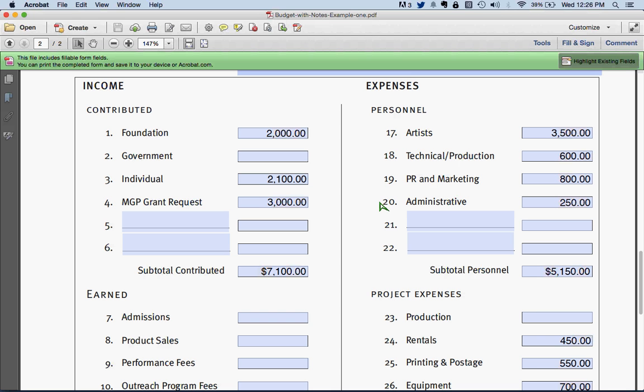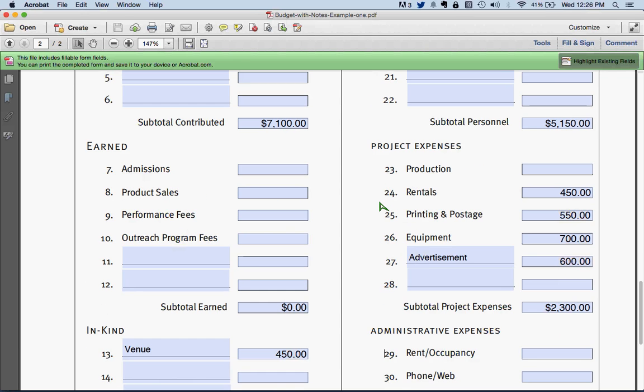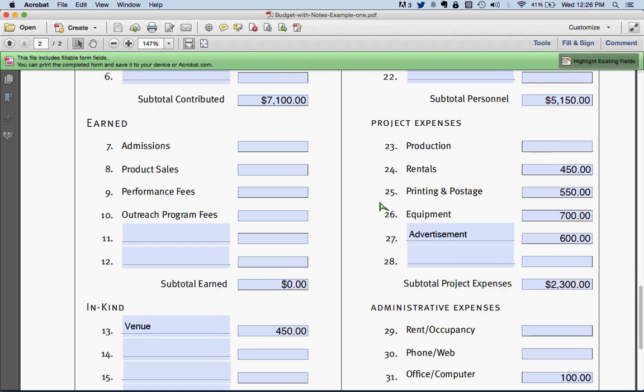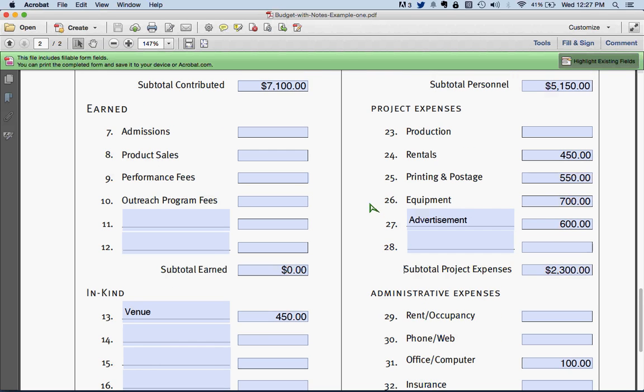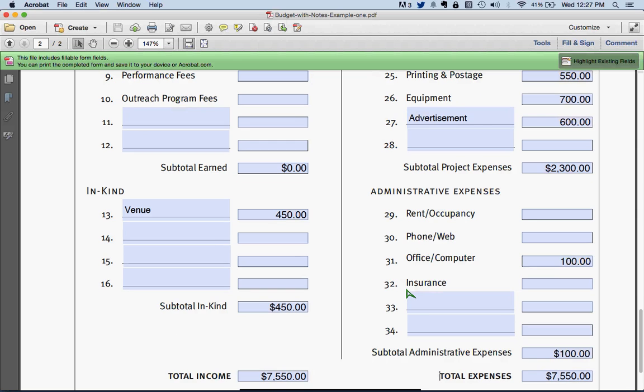We'll find out when we take a look at their budget notes. And then it looks like they've got some money for someone to help them manage the administrative part of their project. And then in addition, under project expenses, in addition to rentals, they've got printing and postage, equipment, some money for ads. And then under admin, they have a little bit of money for office computer.